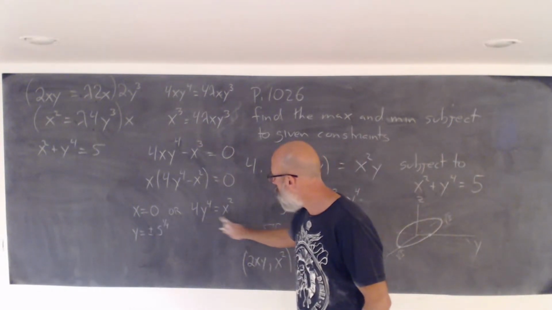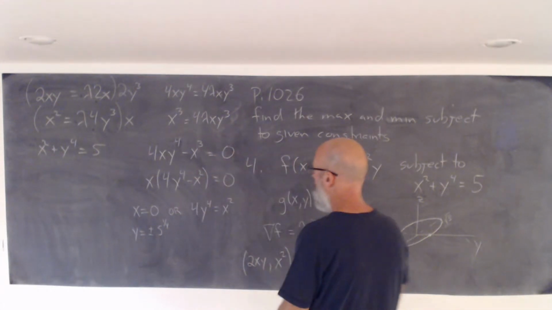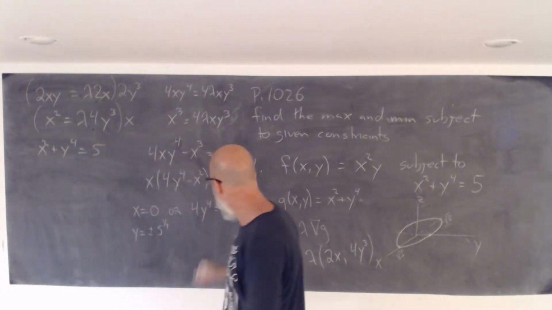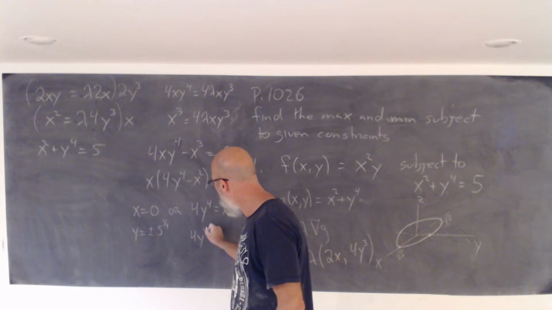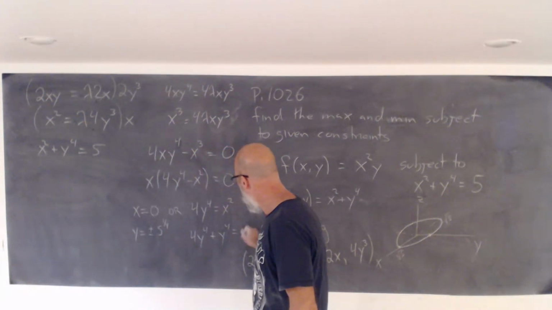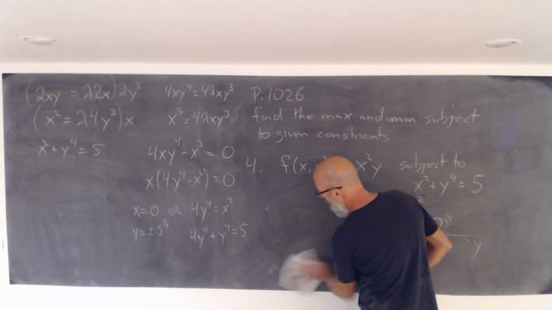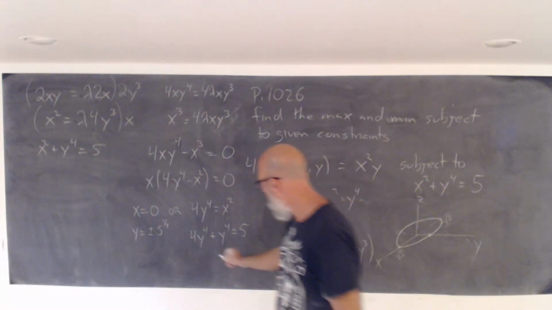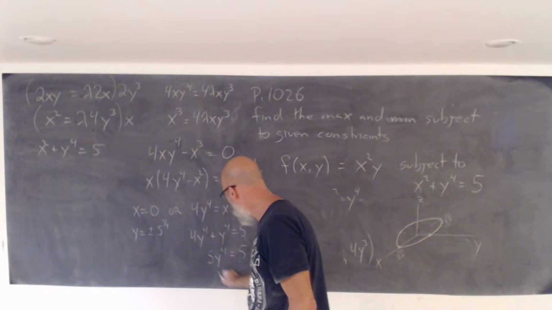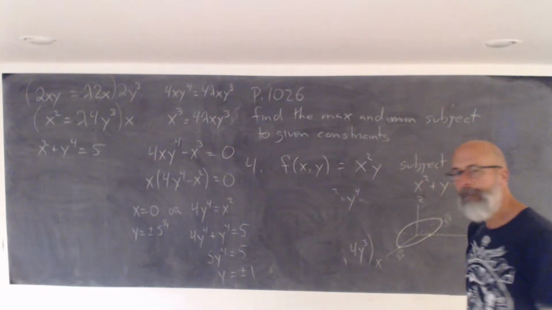And if x squared is this, then you get 4y to the 4 plus y to the 4 is equal to 5. So 5y to the 4 is equal to 5. So y is plus or minus 1.